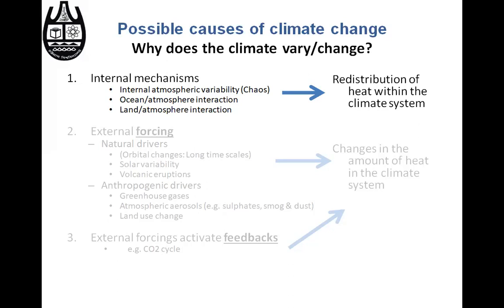So we only think about the anthropogenic drivers rather than the other things. First of all, we discuss the internal mechanisms by which the climate varies from time to time.